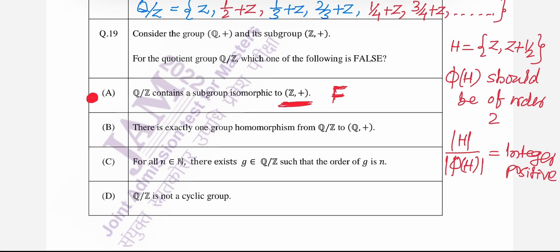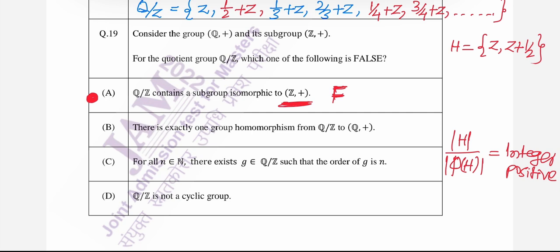It means that since order of H is 2, here I erase this thing because this thing was for isomorphism. I erased a part of the screen because that was for isomorphism.